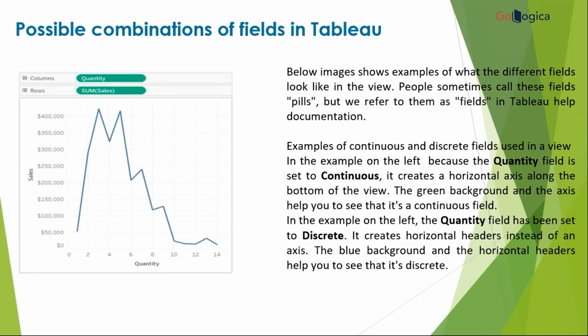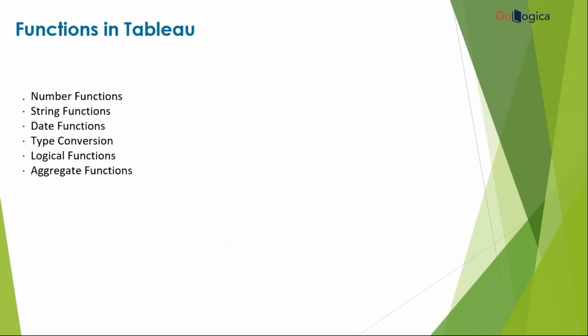This is the difference between continuous and discrete. Continuous will show us the flow of the chart, and discrete will show you the individual values. It will also show the flow, but compared to continuous, the impact of discrete is to show the individual values. Okay.